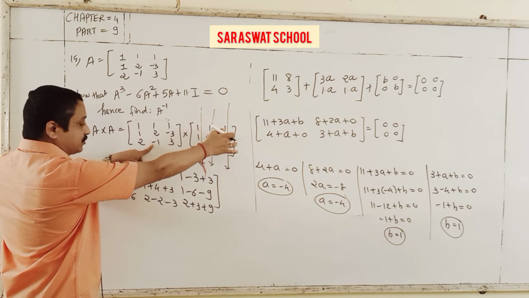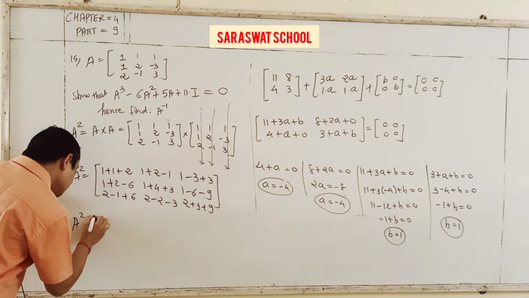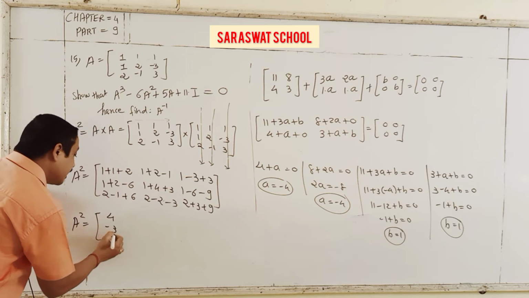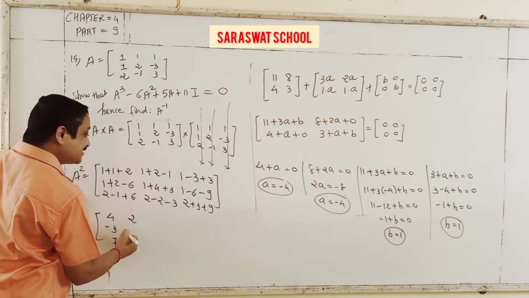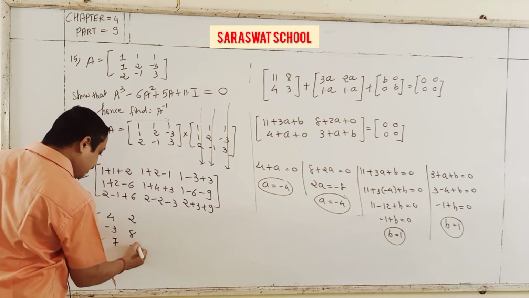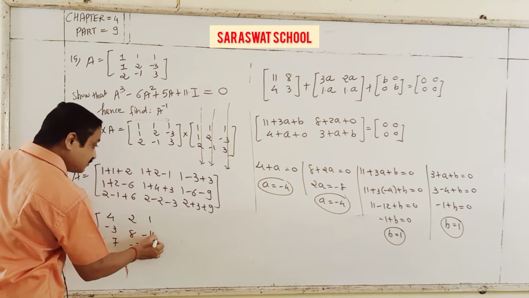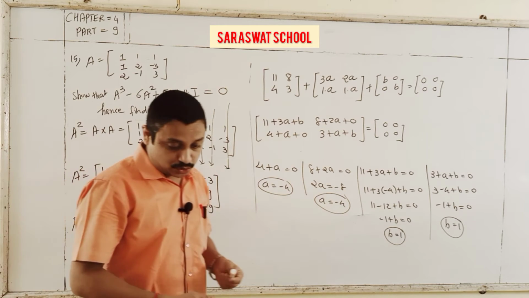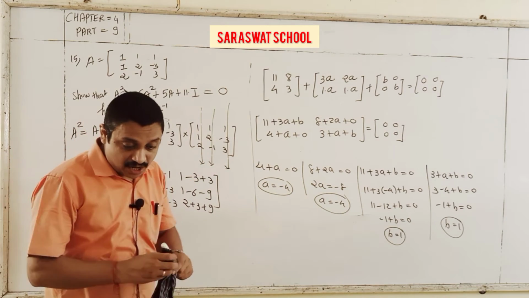So A squared is gone easily, [4 2 1; -3 8 -14; 7 -3 14].